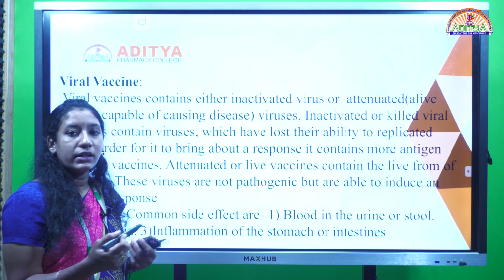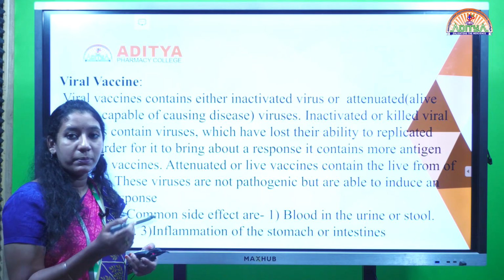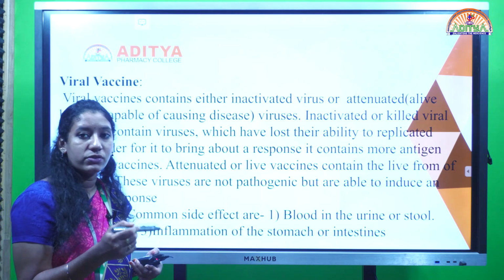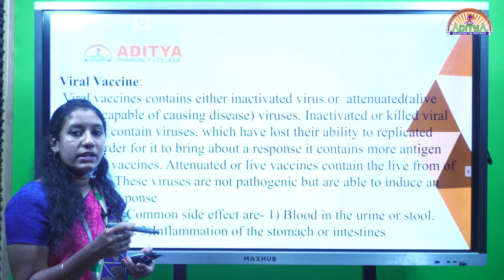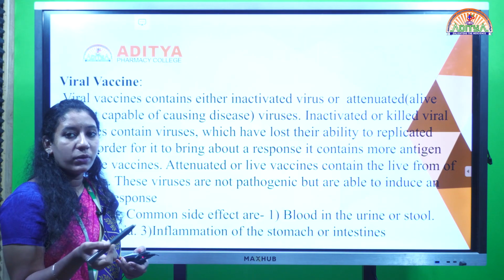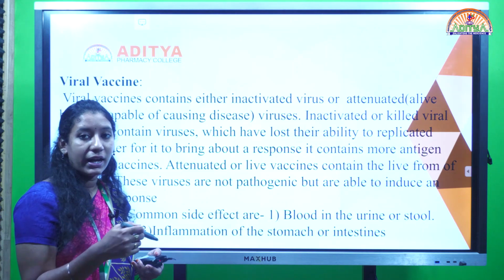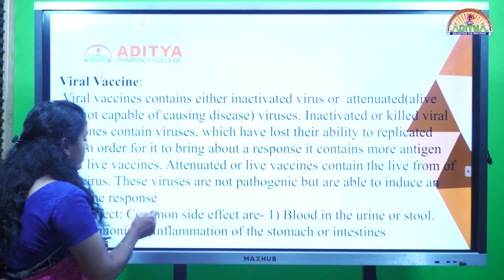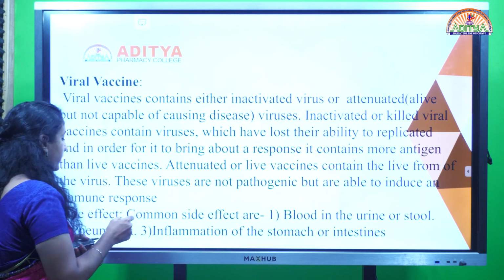Whenever the disease caused by that particular virus is encountered in the future, there will be antibodies in our body, and those already existing antibodies will combat that antigen. Like that it can produce immunity.